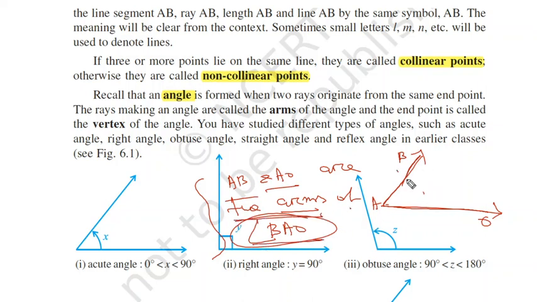We have got two arms here. Now this point A is called the vertex of this angle. So these are the parts of an angle.